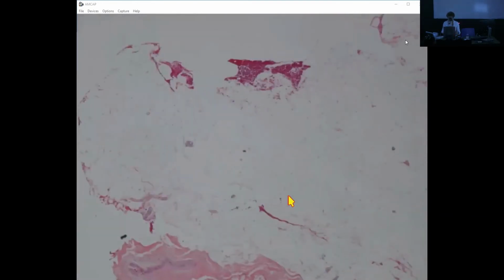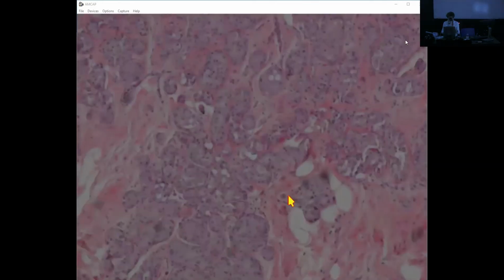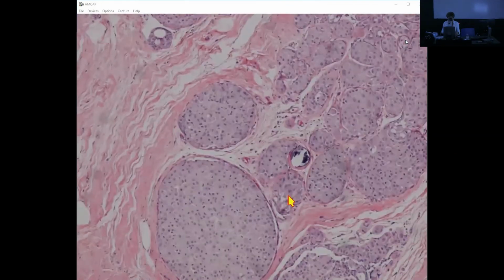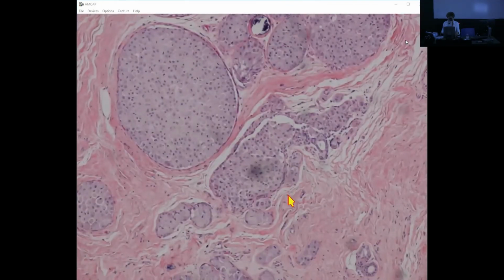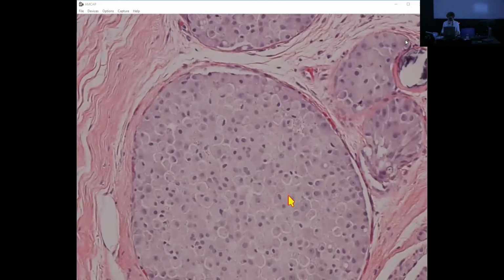Most of them are not that... oh, this is the other one. I think there is also some nuclear atypia here that, in a core biopsy, would definitely justify an excision. To me, in a core, I wouldn't hesitate to get this thing out, regardless of whether there are 40 cells across or not.